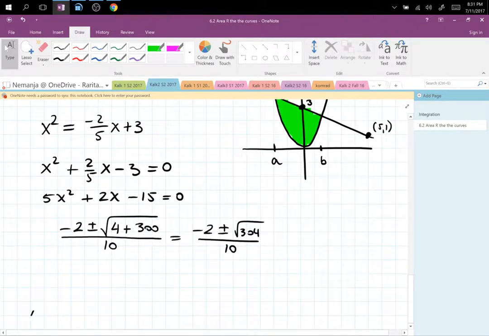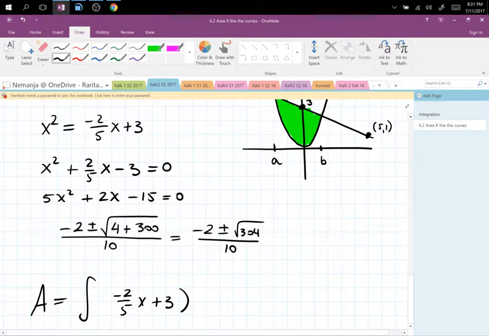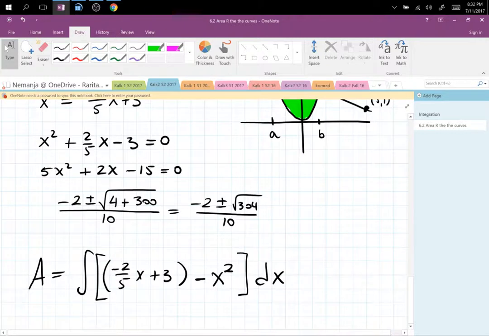To find the area, we will have integral of negative 2/5 x plus 3 minus x squared, which is on the bottom, times dx. Note the double use of parentheses. I don't have to have this many parentheses, but I did.